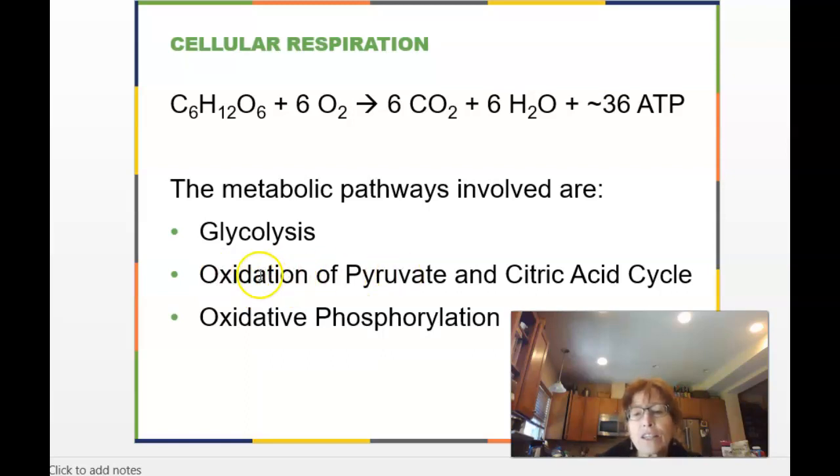This is the oxidation of pyruvate, which we're going to be calling the link reaction. Then we go to the citric acid cycle, sometimes called the Krebs cycle, and it has other names too. And then the final one has to do with really where all the electrons go, involves the electron transport chain, is something we're going to call oxidative phosphorylation.